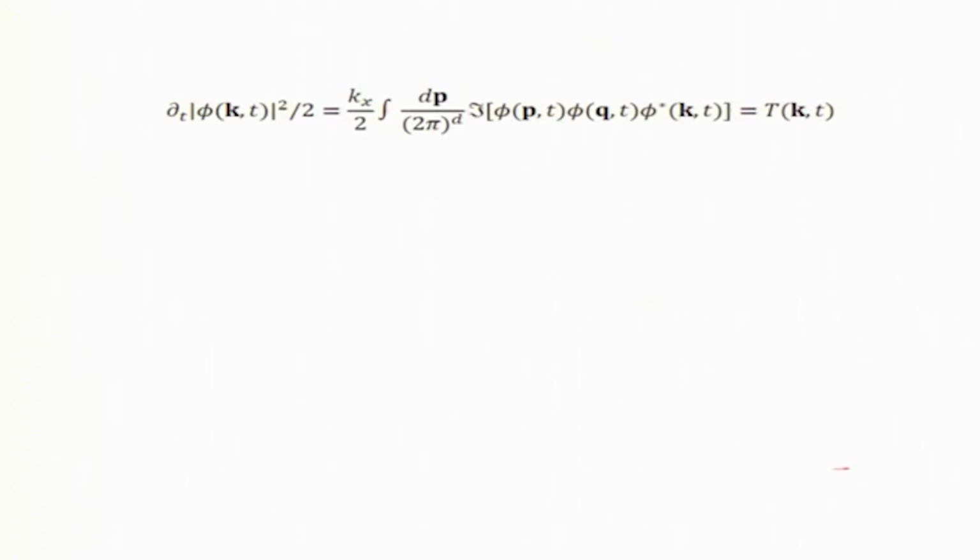I just rewrote that equation, and this Tk can lead to flux, right. Remember for Navier-Stokes there was a flux because of this nonlinear transfer. We have to argue that energy is going out of a wave number sphere of radius k, and that is the flux, right, that is the definition of flux.